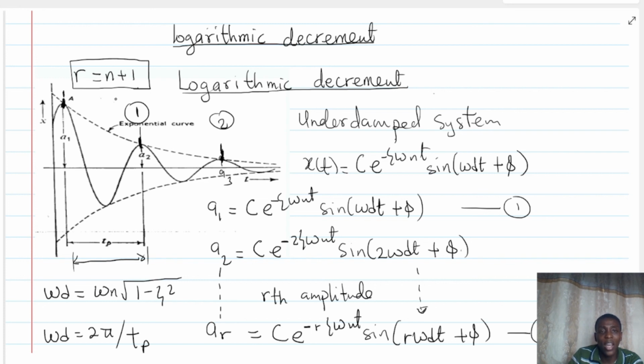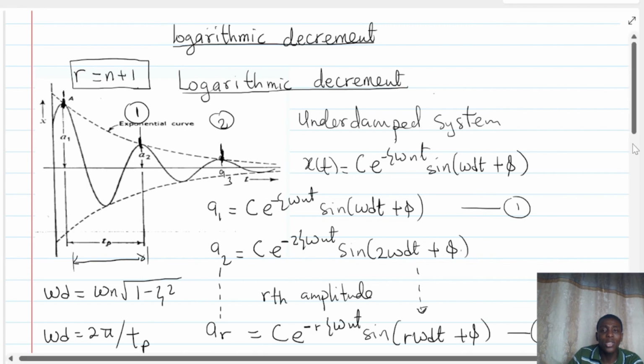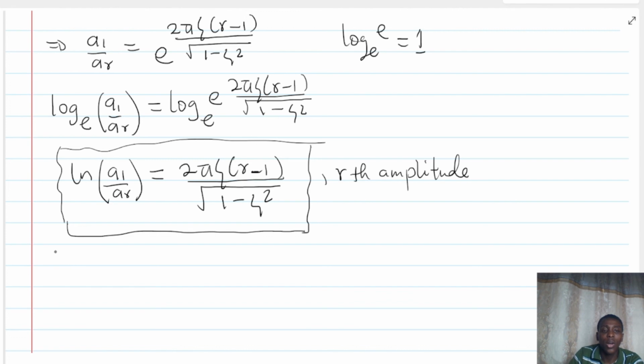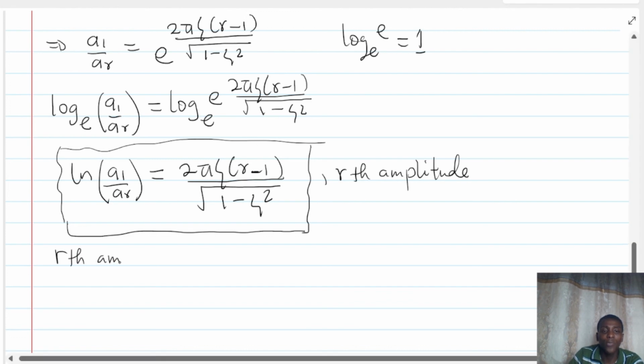So R is n plus 1. The amplitude index is equal to the number of cycles plus 1. So R equals n, the number of cycles, plus 1. And that is how we are going to solve for this.